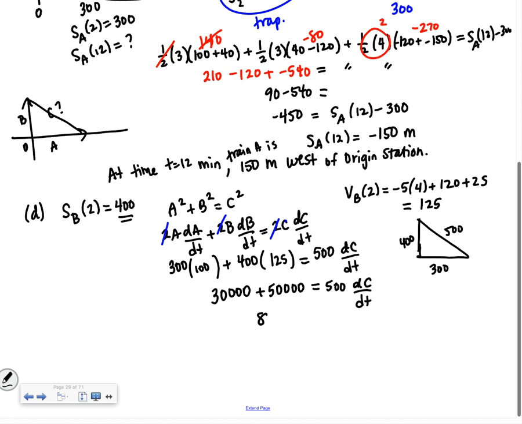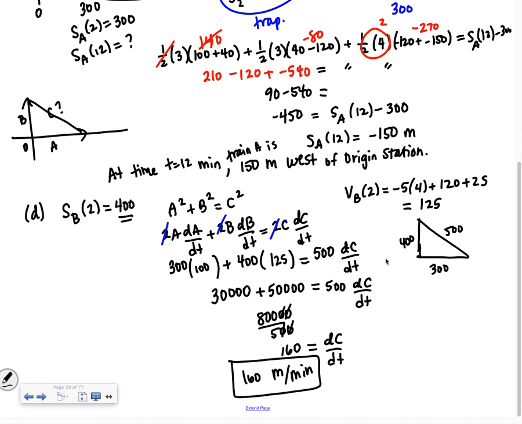Okay, so we're going to get 80,000 over 500. So 800 over 5, 160. You could do that off to the side if you needed to, and that's in meters. It's a rate of change of the position, so meters per minute, it's the velocity, right? So 160 meters per minute would be the answer. So a little bit complicated.